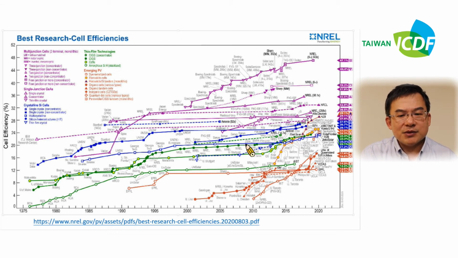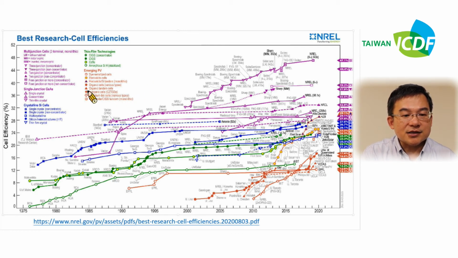Okay, so cadmium telluride is now not popular in the world. Another one is the CIGS here. This is copper indium gallium selenide, and this thin film solar cell is very easy to process. So maybe in the near future this product will be popular in the world.